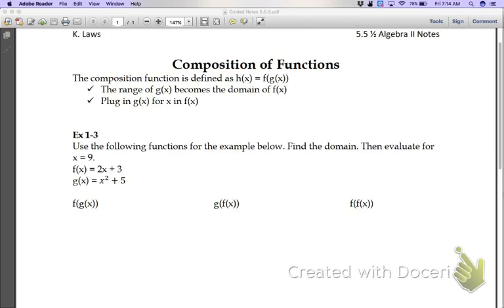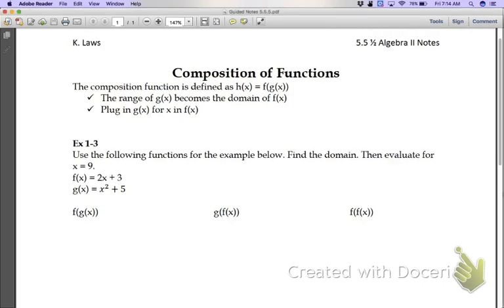Whenever you have f of x equal to something, I'll just make up a random one: f of x is equal to 4x minus 9, and it says to evaluate f of negative 3.